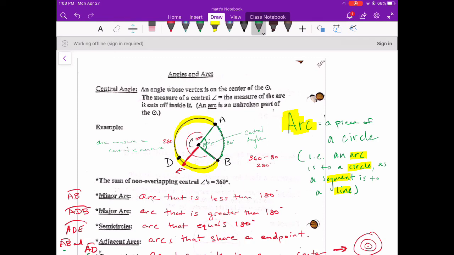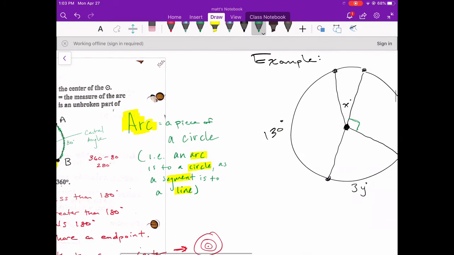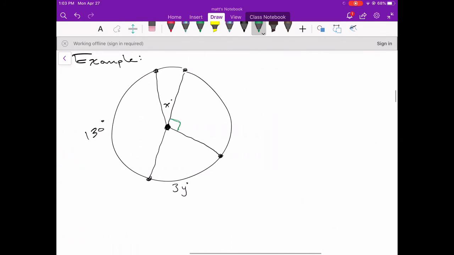Now we're going to see if we could put all this together. Let's do this example here together. What I want to do is solve for both x and y. Well, I could see that I've got a diameter here. So I can think about that as two semicircles adding up to 180 degrees.